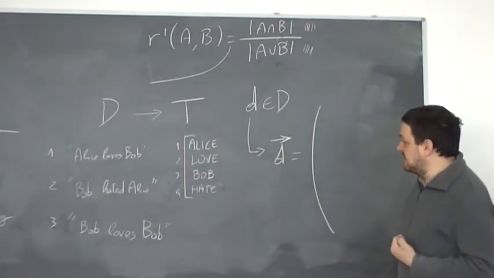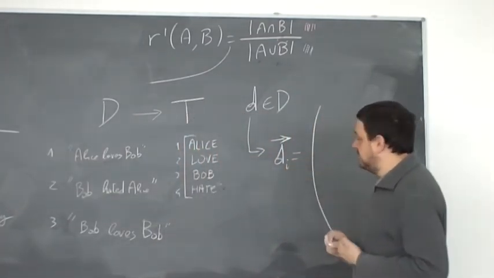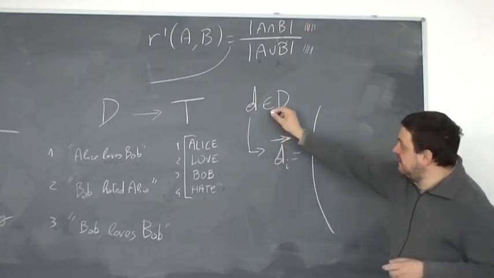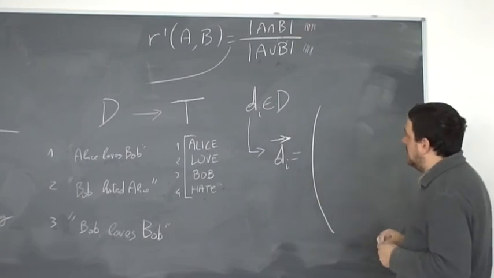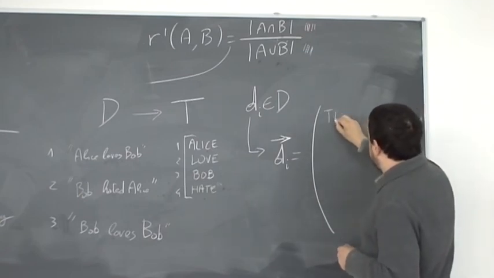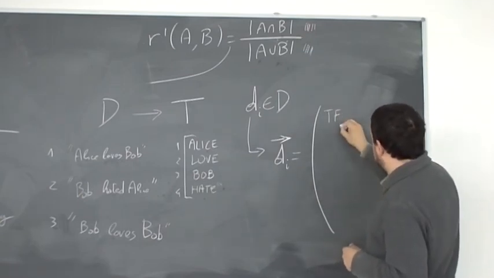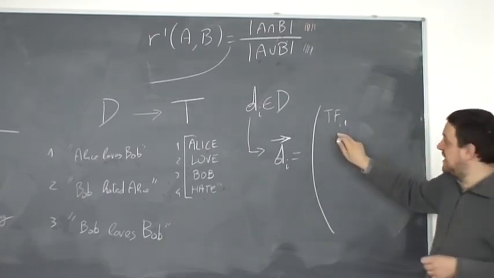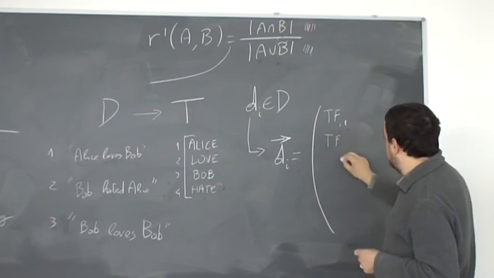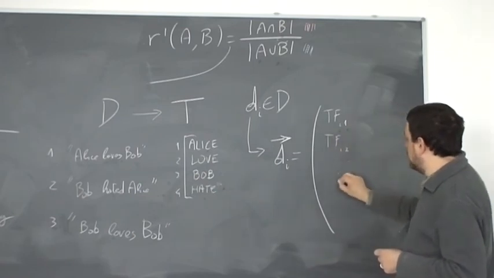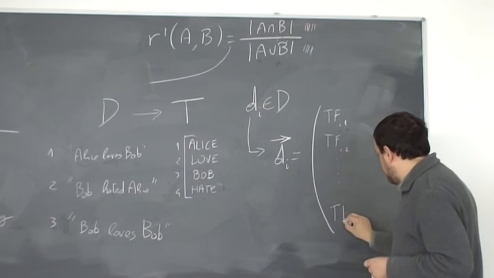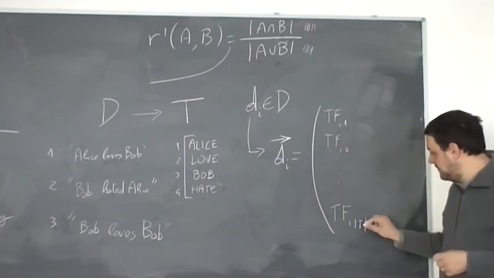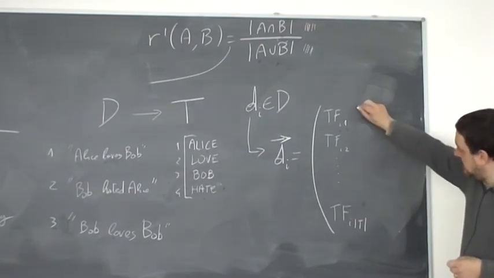So we can represent document i with the vector d_i, which contains the term frequency of term 1 in document i, the term frequency of term 2 in document i, until the term frequency of the last term t in document i.